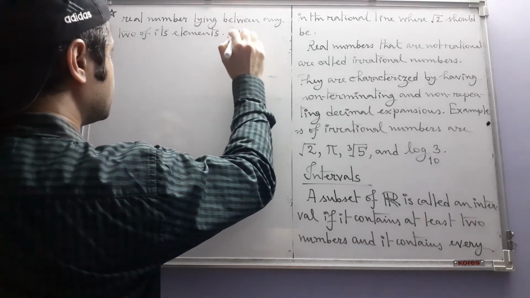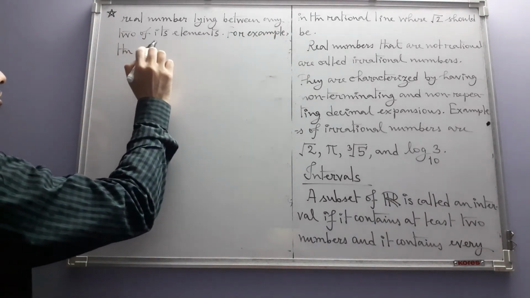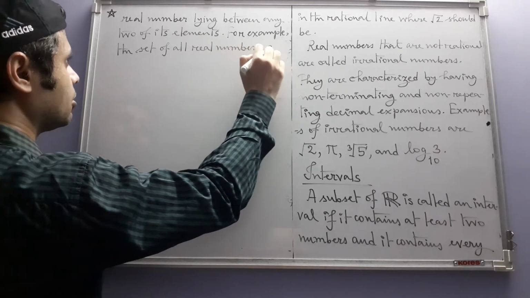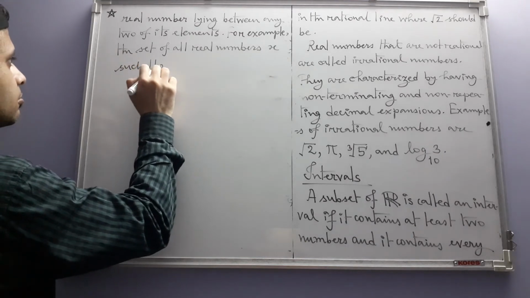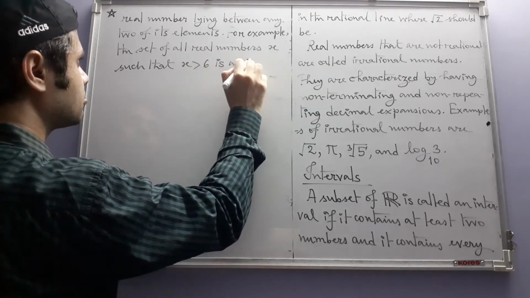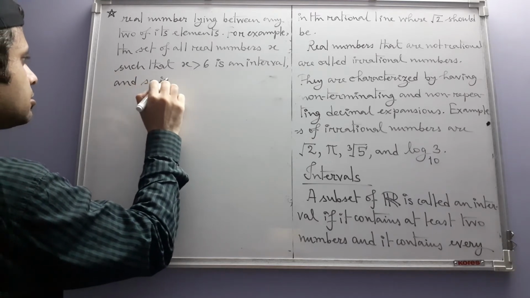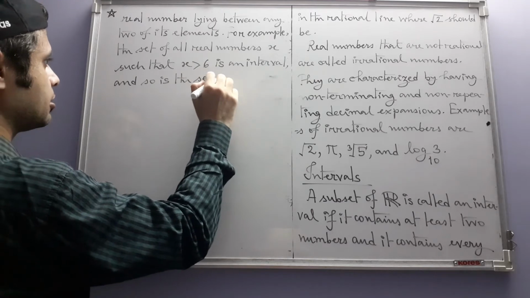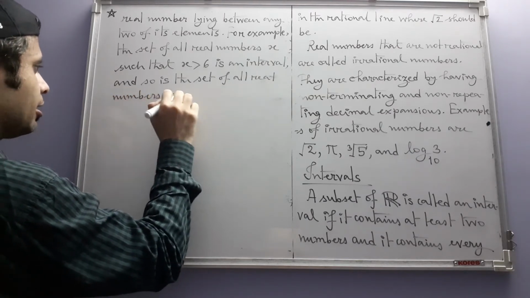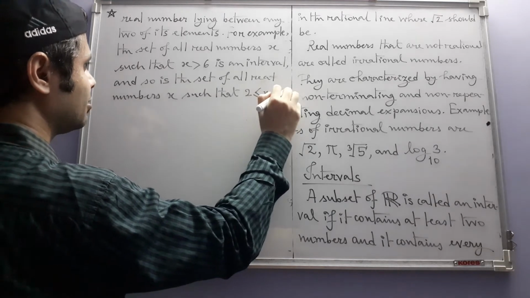For example, the set of all real numbers x such that x is greater than 6 is an interval, and so is the set of all real numbers x such that x lies between say 2 and 5 inclusive.